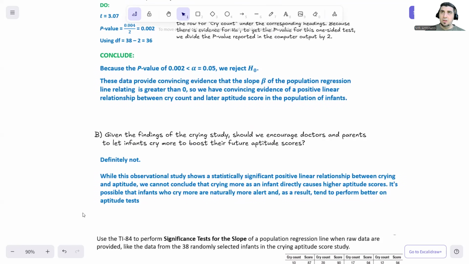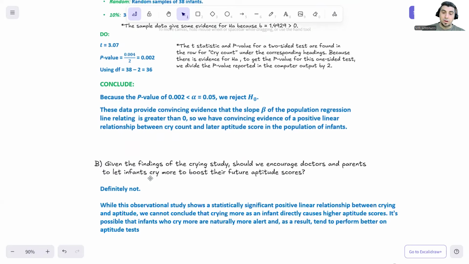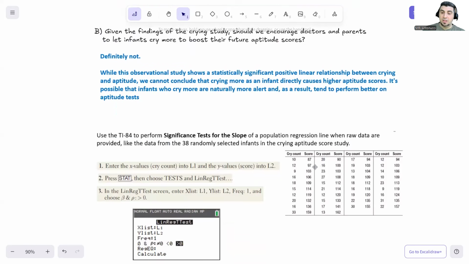Now, we didn't use the calculator for this specific example, but we can use the TI-84 to perform a significance test for the slope of a population regression line when the raw data were provided. So for the 38 randomly selected infants, here is the raw data of cry count and aptitude score.